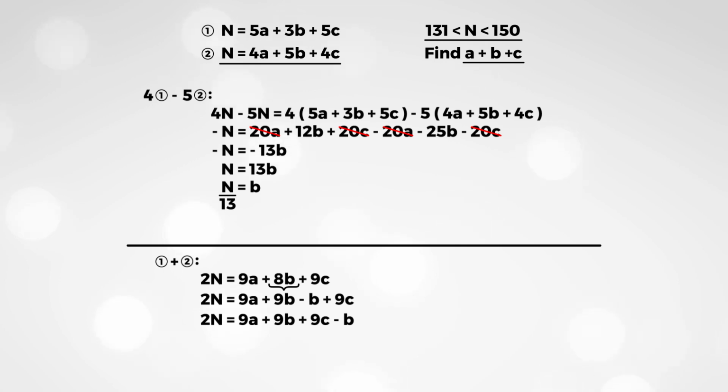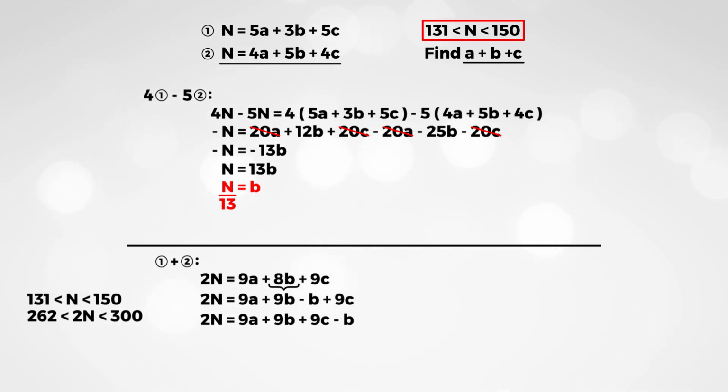Now what we need to bring down is this statement, which is very important, that n is between 131 and 150. So n is between 131 and 150. Therefore, 2n, which is what we have, is going to be between 262 and 300. Correct?